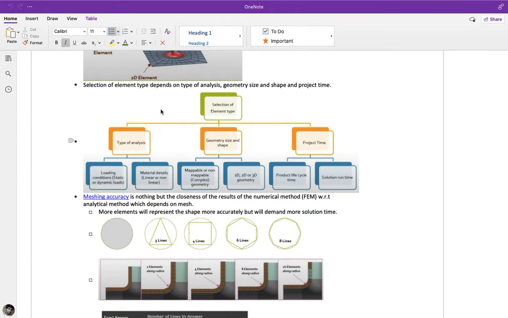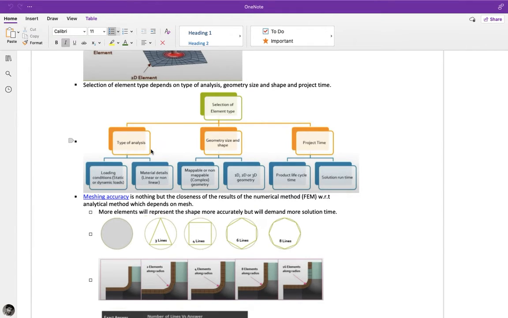So basically it depends upon the type of analysis, the geometry size and shape, and the project time. What kind of analysis do you want? Is it static or dynamic, linear or non-linear, for metals or plastic materials? It depends on the kind of material you're going to use.